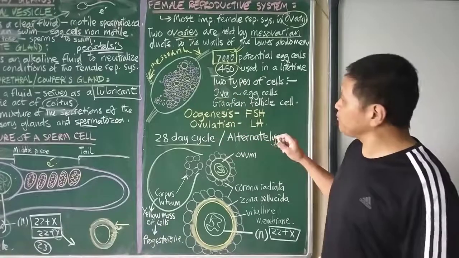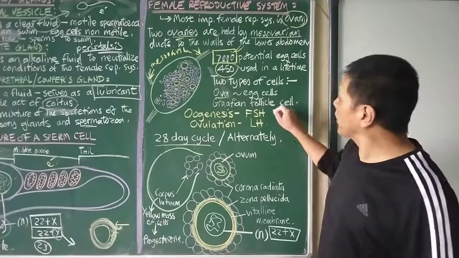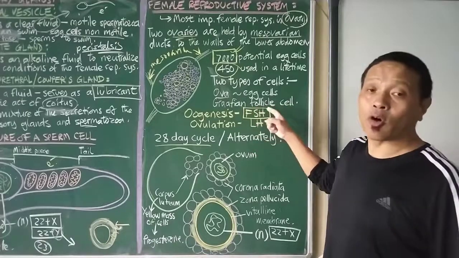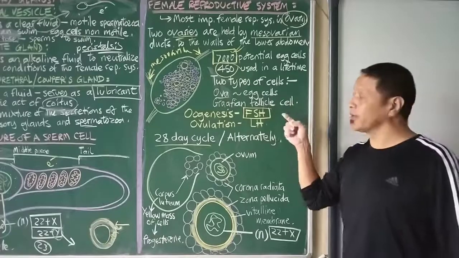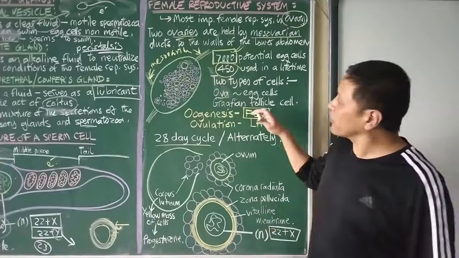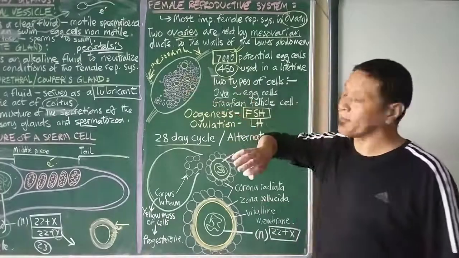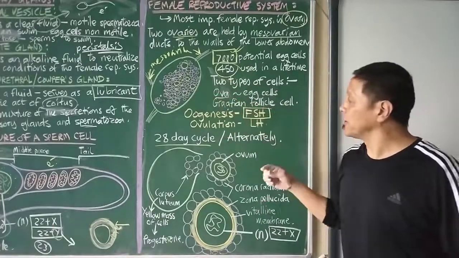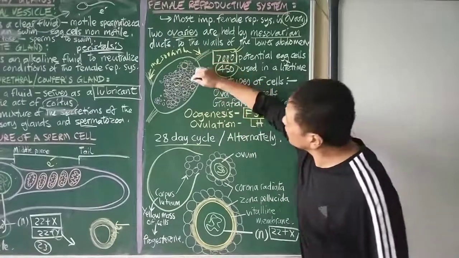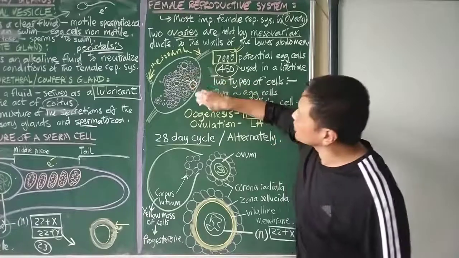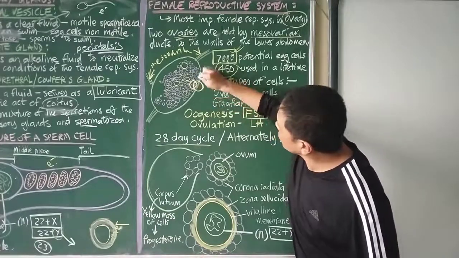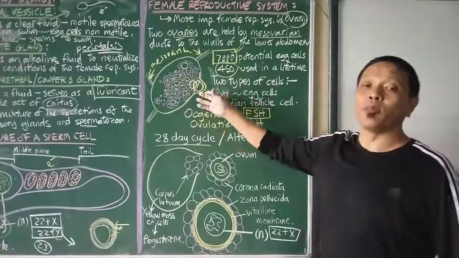Now what happens is, when FSH, follicle stimulating hormone, is released by the brain, it activates the graafian follicle cells. Graafian follicle cells choose one egg cell and begin to mature it, nourish it. Once the cell matures, it moves towards the periphery and forms a bulge, just like any boil.